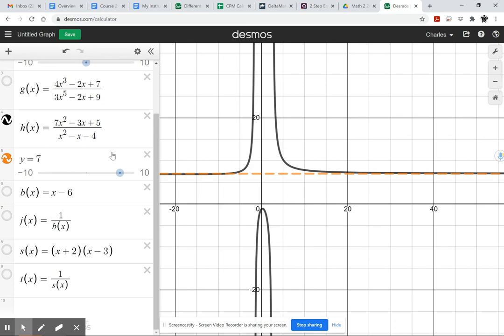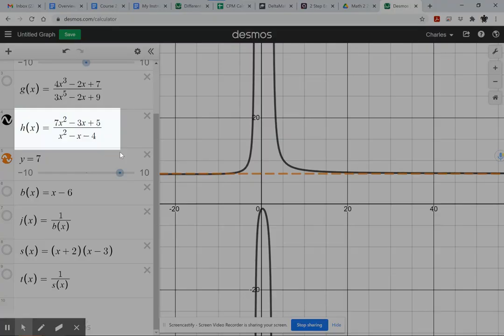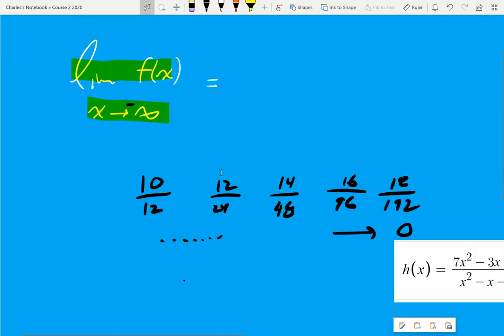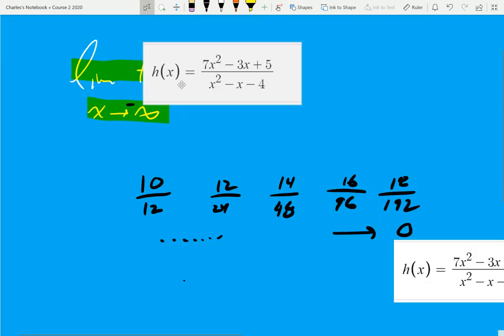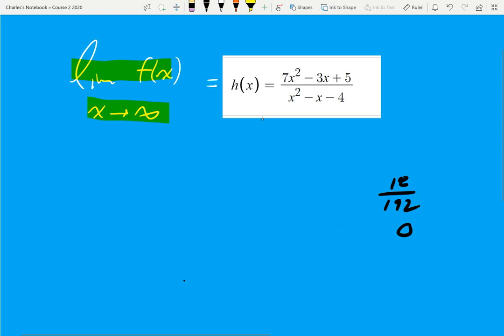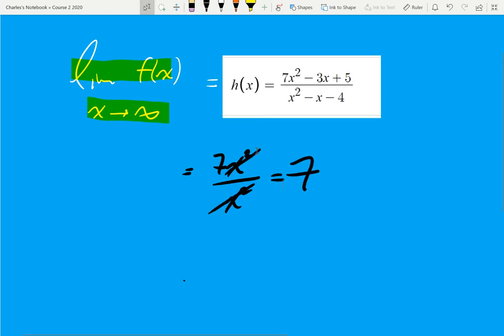If you want to know the algebraic way for solving this, if I say the limit of f of x as x goes to infinity of that expression there, what I really have to do is just take out the two dominant terms, 7x squared over x squared, and the x squareds cancel, and I get 7.